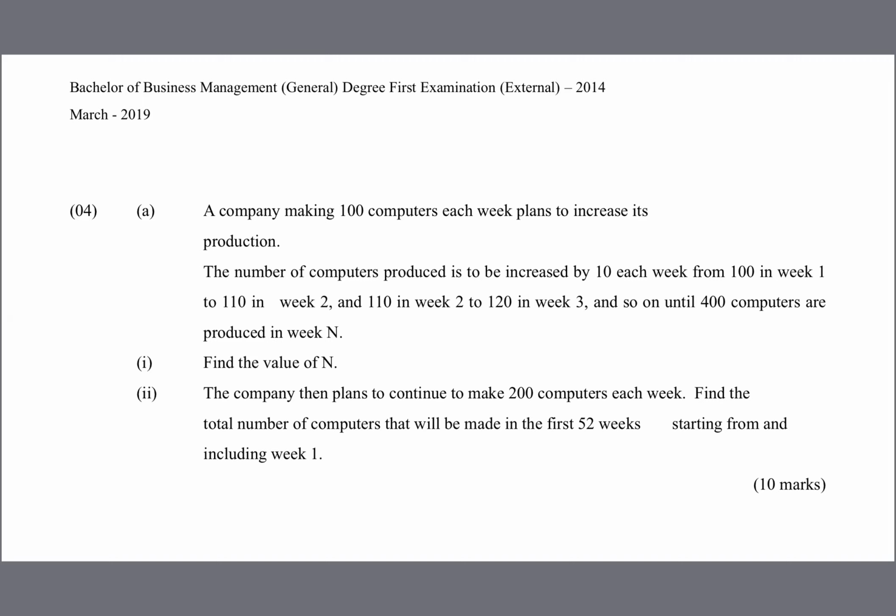That means after the nth week, which is the 31st week, they plan to continue making an equal number of computers, 200 each week, until the 52nd week.